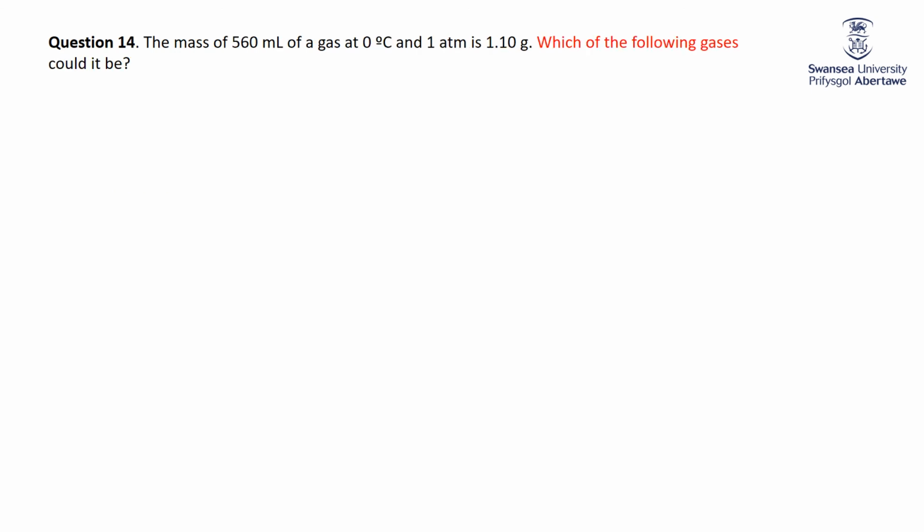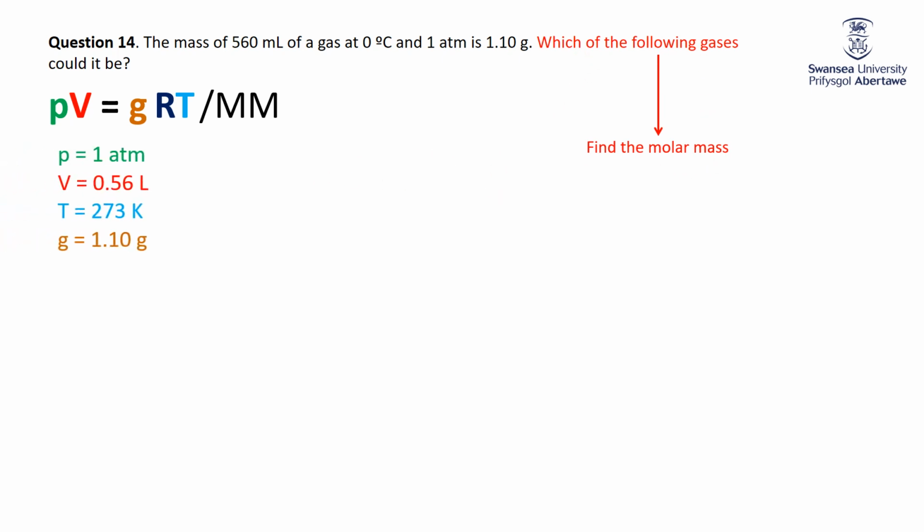Same type of question, mass, 560 mils, so we got volume, we got temperature, we got pressure, we got grams. Which of the following gases could it be? Well, again, PV equals gRT over molar mass. So in order to identify which gas, we'll find the molar mass. So pop everything in, pressure 1 atmosphere, volume 0.56 liters or cubic decimeters, temperature 273, and grams 1.1 grams.